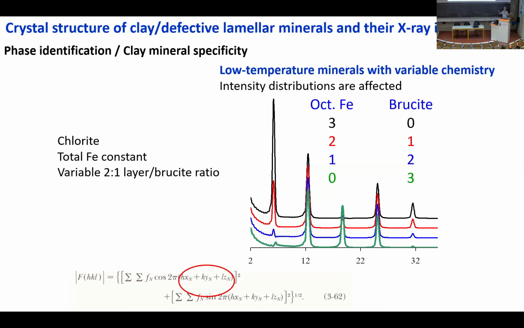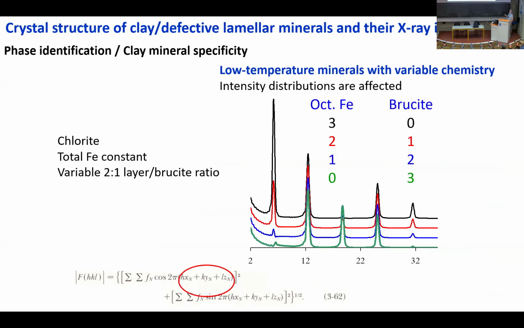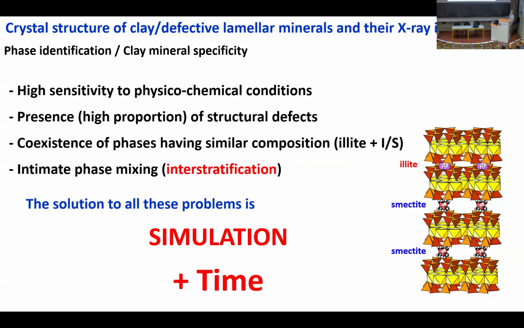So now I put a lot of constraint, difficulties, whatever you could call that. Most of these are related to sensitivity to physico-chemical conditions, but that's also why we are interested in these minerals. A lot of structural defects, this time of isomorphic substitution.